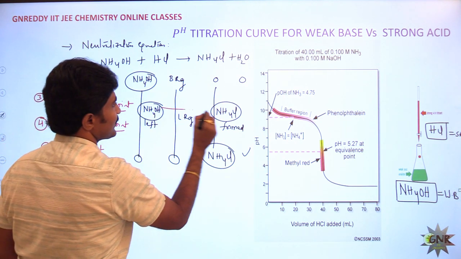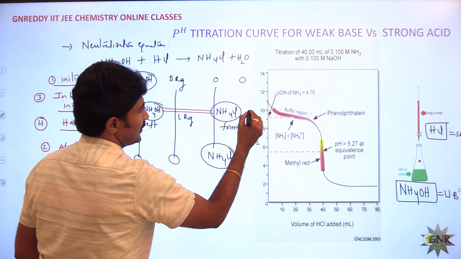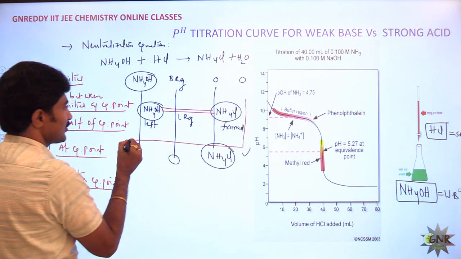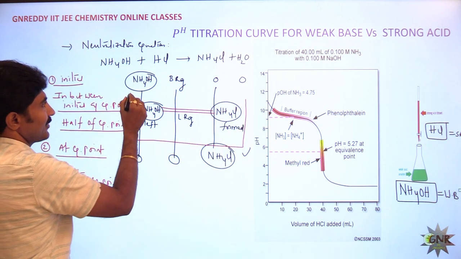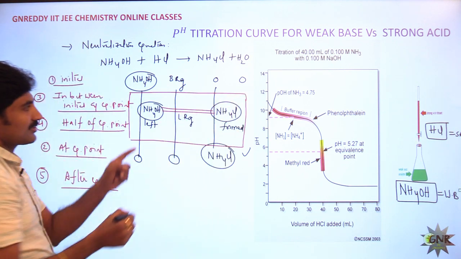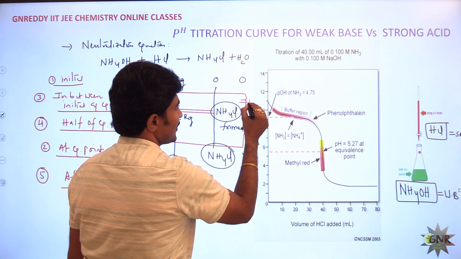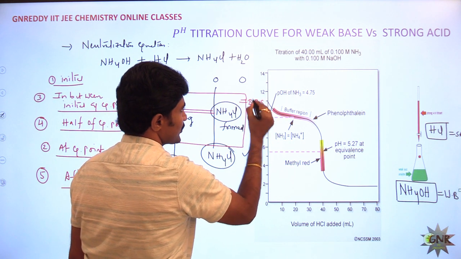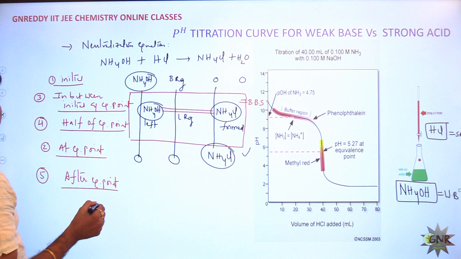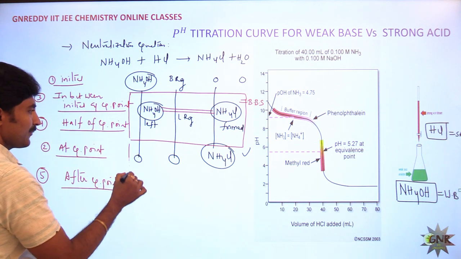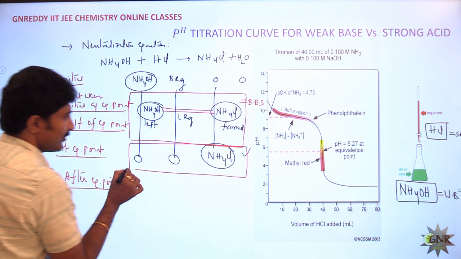So that's why in between this acts as a combination species. What is this combination species? Basic buffer solution. This is the basic buffer solution in between initial and equivalence point. This left ammonium hydroxide and formed ammonium chloride, that is nothing but basic buffer solution. Okay, right, at equivalence point only salt will be formed.